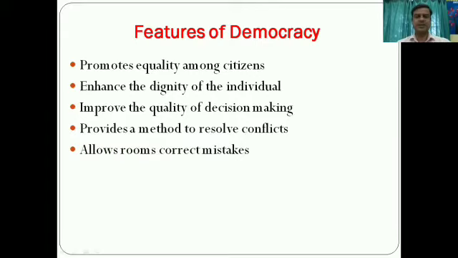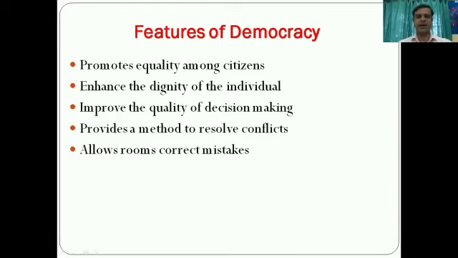So the basic features of democracy are: it promotes equality among citizens. Means if it is a democratic nation, then it promotes equality among all the citizens. It enhances the dignity of the individual.